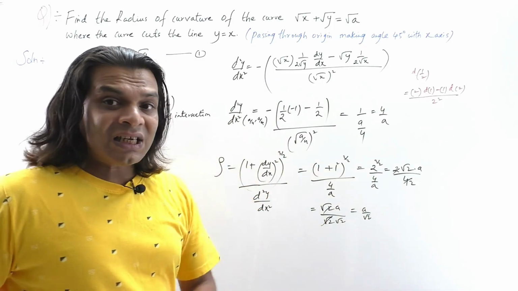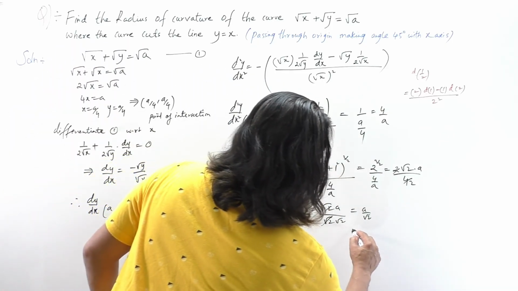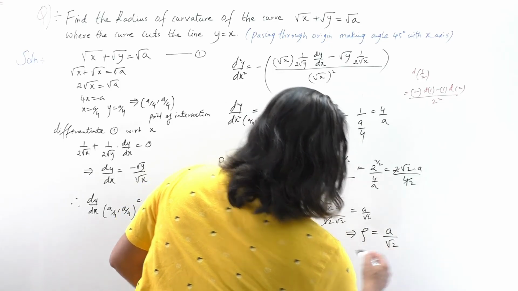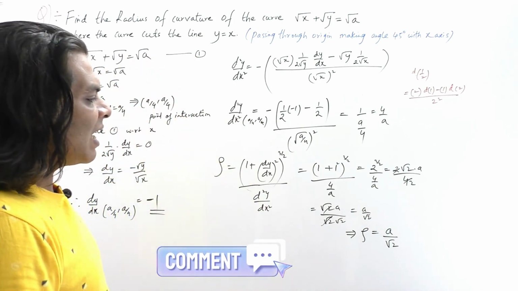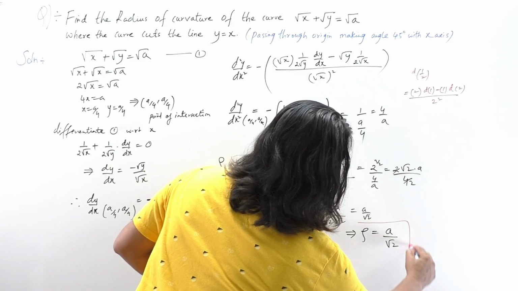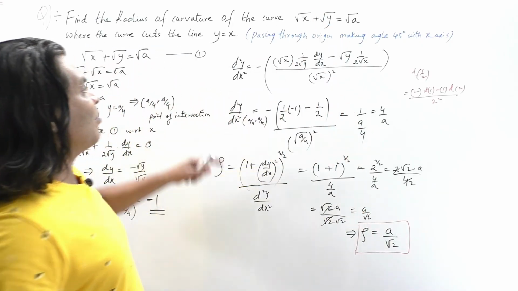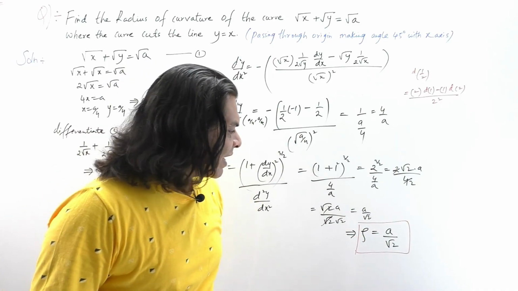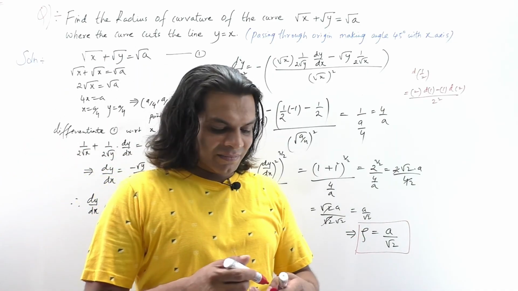Therefore, for this curve, rho is equal to a by root 2. That's the answer. So, the radius of curvature for the curve root x plus root y is equal to root a at the point a by 4 comma a by 4 is nothing but rho is equal to a by root 2. That's it.